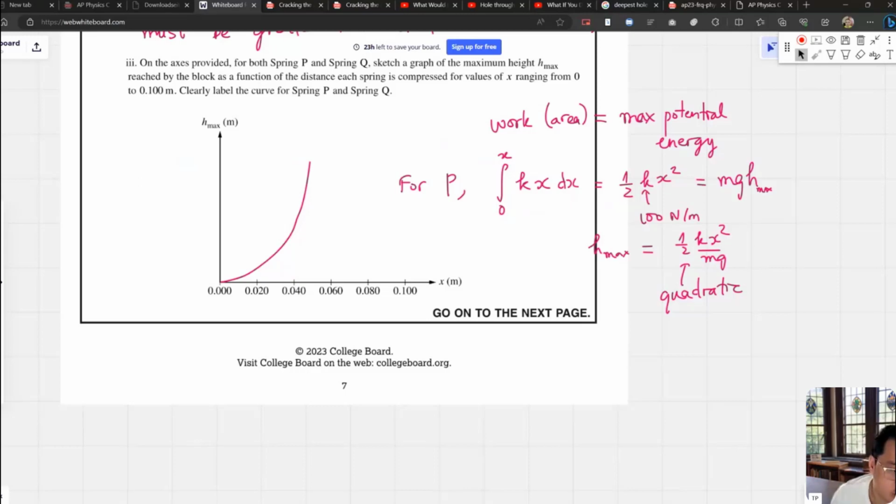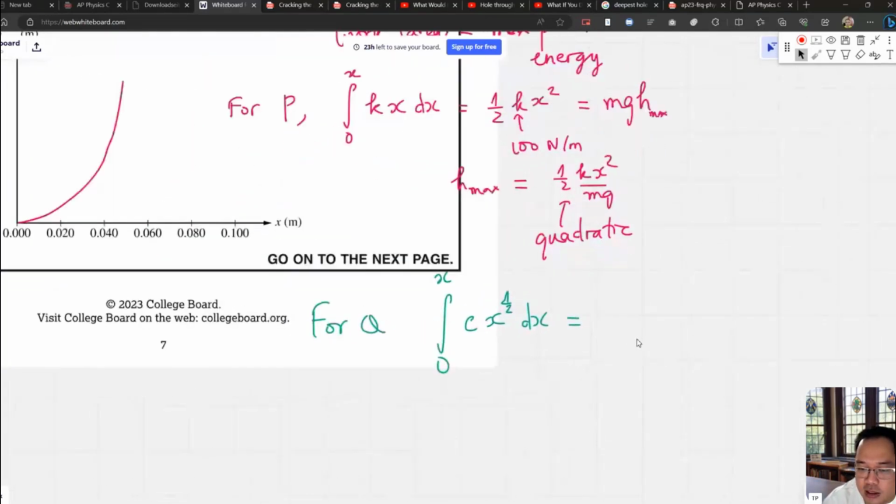So similarly, for the spring Q, we have that the work is the integral from 0 to x of another function, which is c times the square root of x, x to the power 1/2 dx. And the integral rule, right? You already learned; you got an excellent mark 5 in calculus. So here is c times x to the power of 3/2 over 3/2, so that's 2/3, and it's equal again to the maximum potential energy.